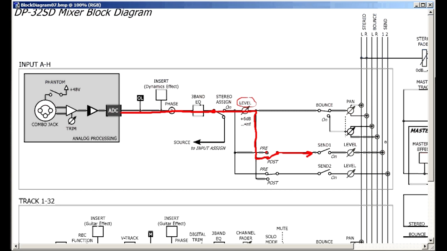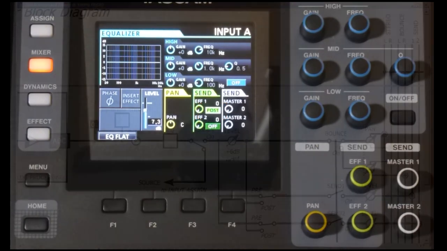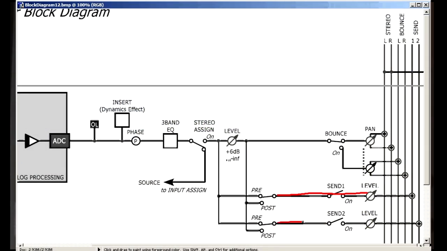The diagram shows the send on-off as a separate switch for clarity, but in the mixer screen it's combined with the pre and post options, so you have 3 possible choices. You have off, you have on pre, or on post. Each send signal then goes to its own level control.